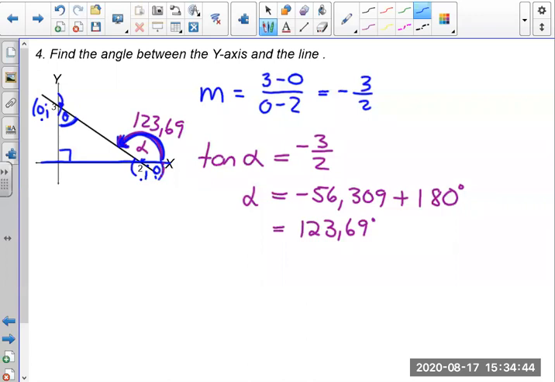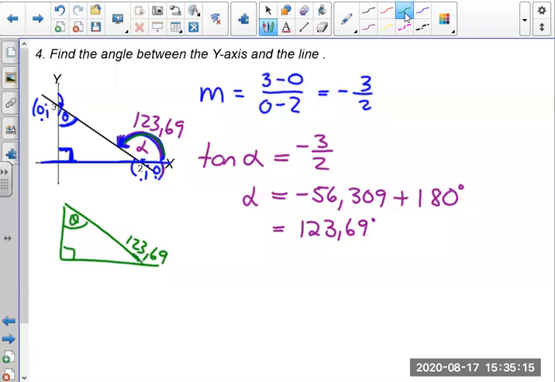Because you know that the angle between the x-axis and the y-axis is 90 degrees. And now I can work with the exterior angle of a triangle, which is equal to the sum of the opposite interior angles. You remember? I have a 90-degree angle, and I have this angle, which is 123,69.